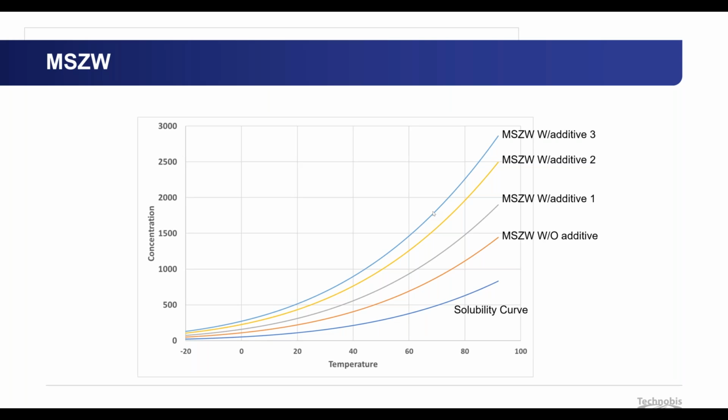So as you can see, and related to one of my previous slides, additives, excipients, at the end of the day, can have an influence on the size of the metastable zone of your compound. I will stop here.